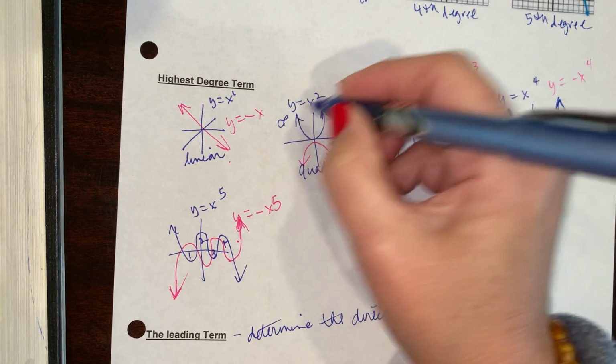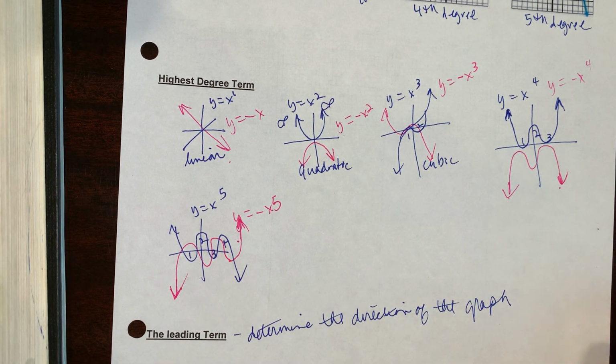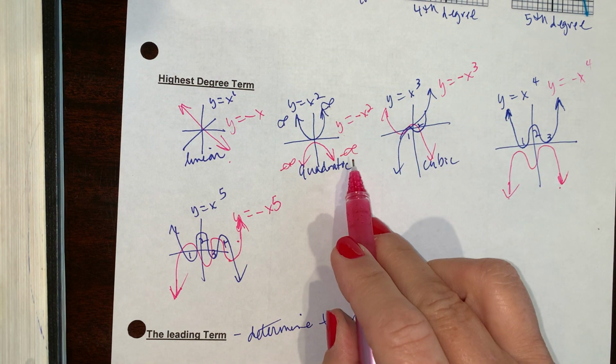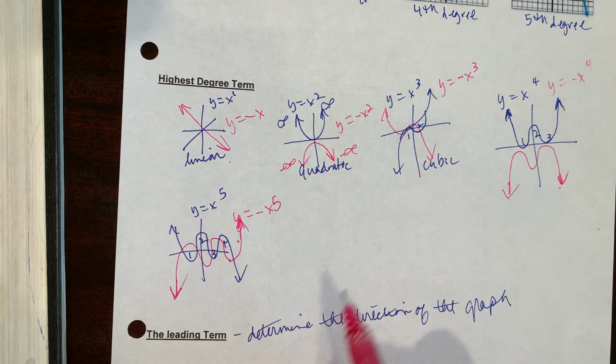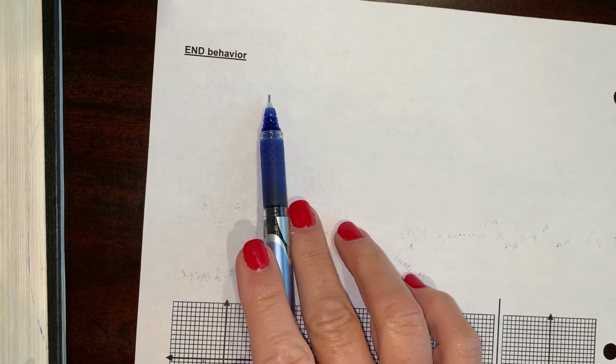In other words, they were both going to positive infinity. But when it was negative, and that's why I'm using a different color, they were both going to negative infinity. So that tells you the direction. Another more mathematical term for that is end behavior. So the very leading term tells you the direction of the graph.